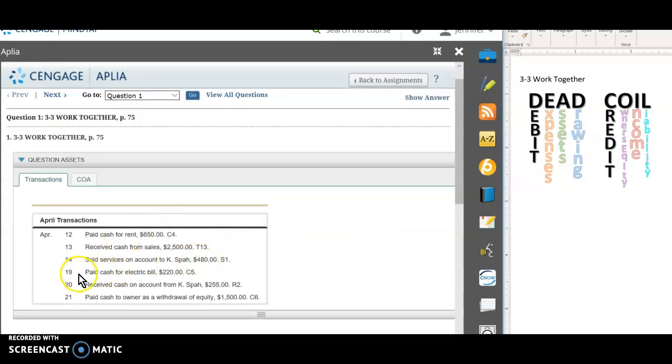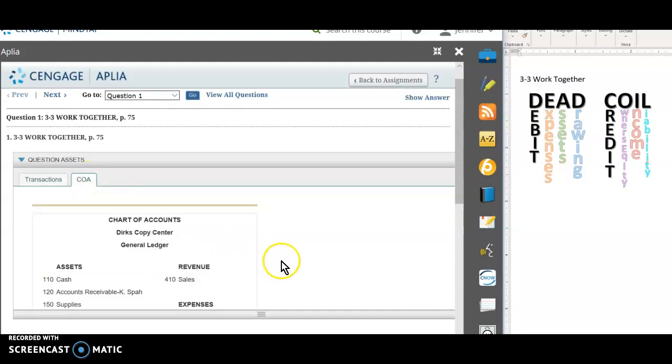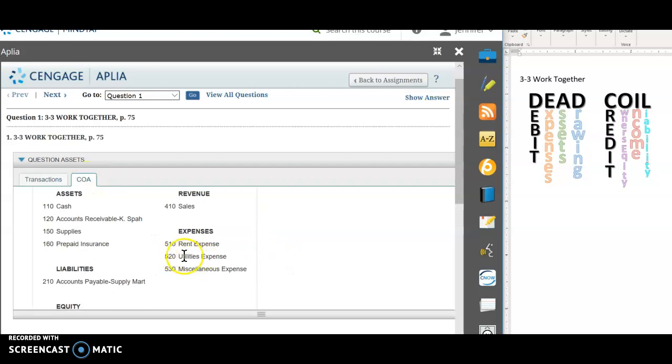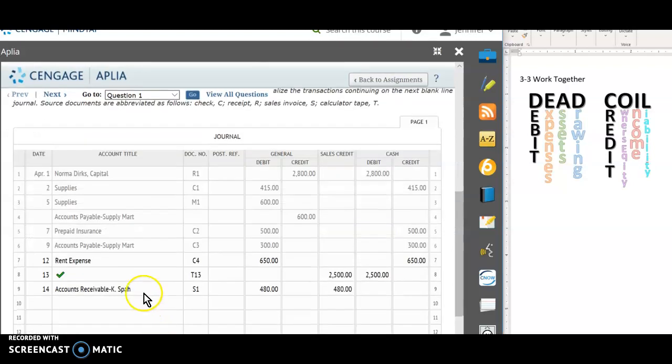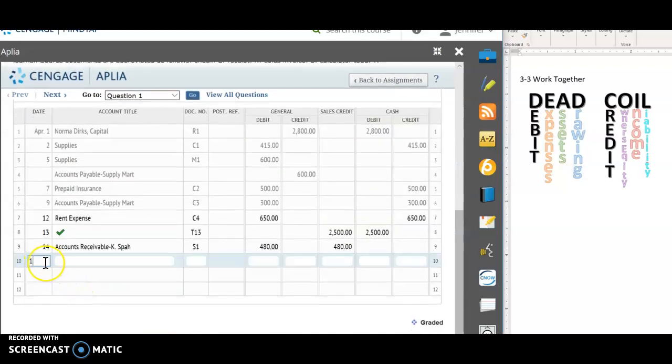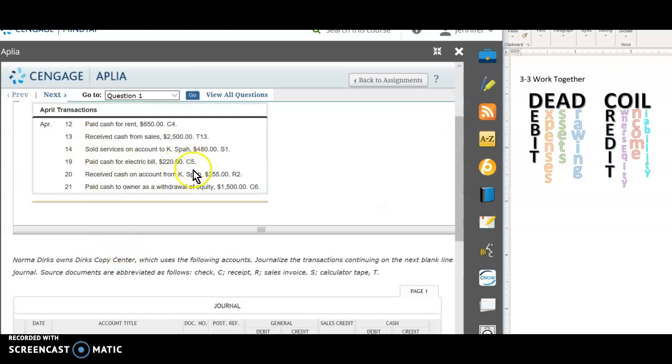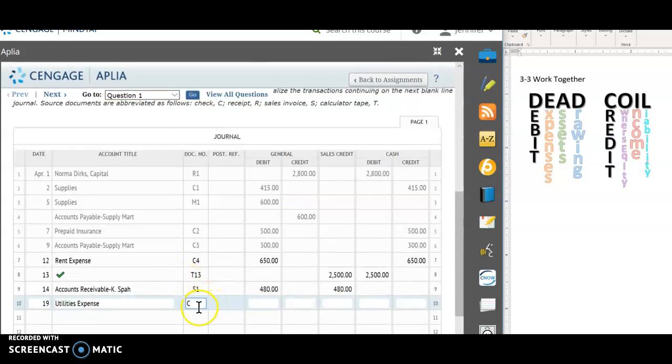All right, next one. On the 19th, paid cash for electric bill. Let's look at our chart of accounts. Electric bill is going to be a utilities expense. Okay, so 19th, paid cash for electric bill. So on the 19th here, we're going to say utilities expense. And it was a check number, check 5.